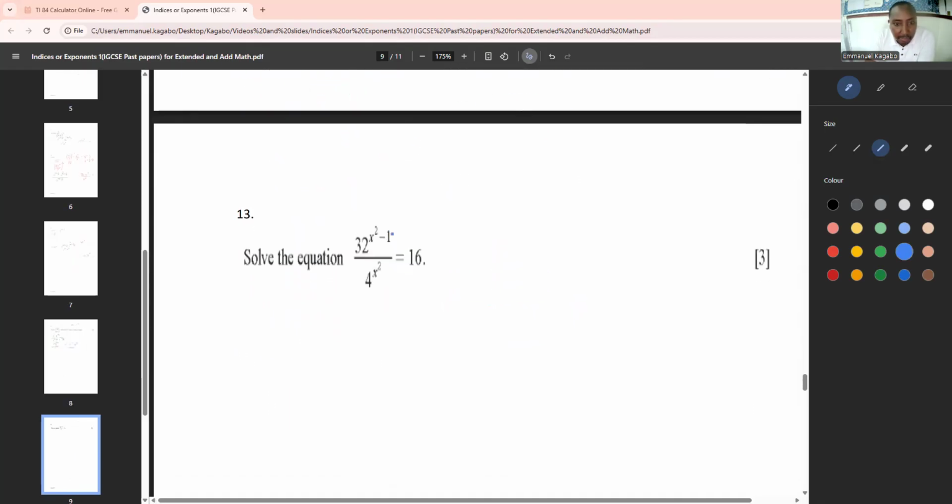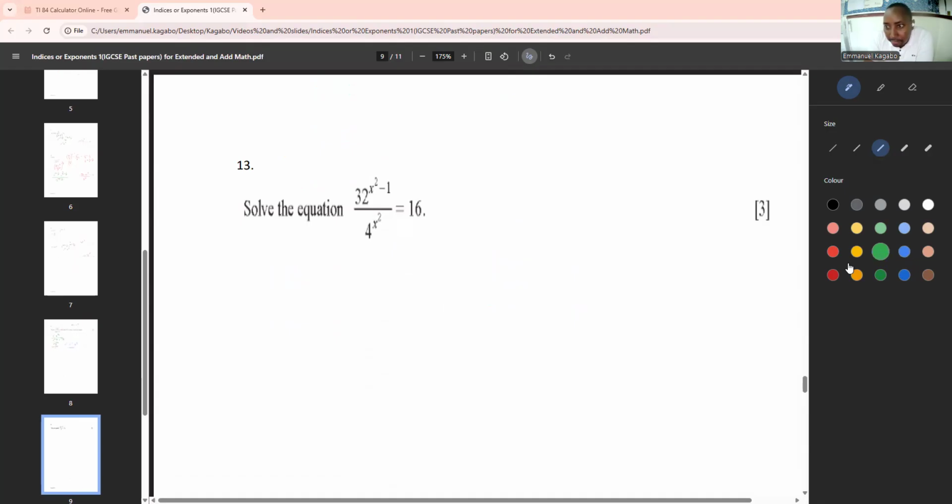Next. Very good question here now. What do I have? So before I do anything, I have to make sure that this one and this, they're in the same base, and this one as well. Okay. Now, 32 is 2 power what, guys? 32 is 2 power 5.